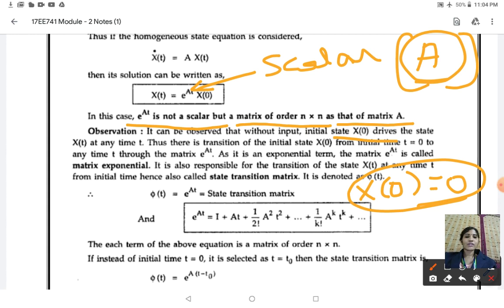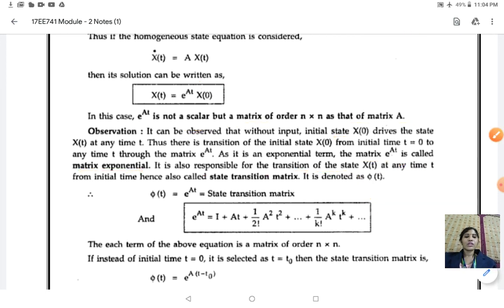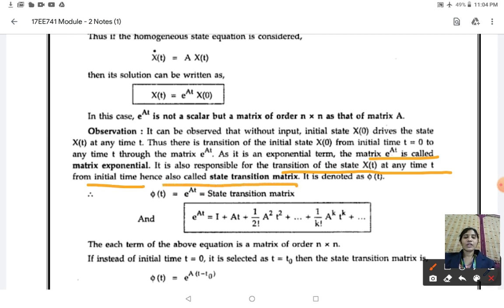Whereas in case of transfer function approach, it is equated to 0, and e power at is called as your matrix exponential, and it is responsible for the transition of the system. So this e power at, whatever we have obtained, it is responsible to transit the system state from x of t at any time t from its initial time. Hence, only it is called as your state transition matrix.